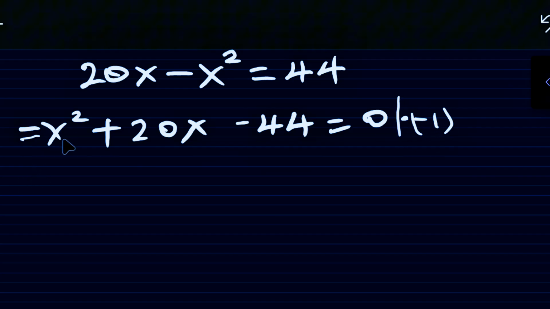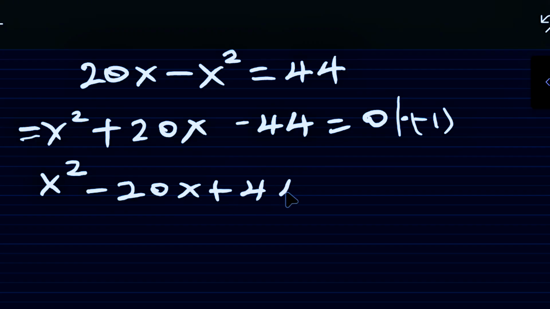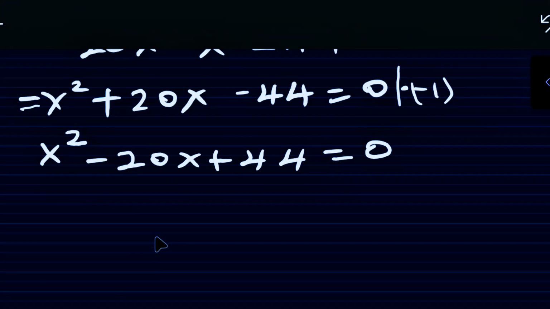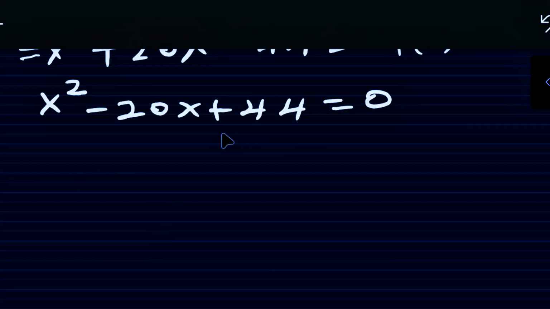So minus x squared multiplied by minus 1 will give us positive x squared, plus 20x multiplied by minus 1 will give us negative 20x, minus 44 multiplied by minus 1 will give us positive 44, and this will be equal to 0. So from here you can see that we have a quadratic equation, and we will be solving this quadratic equation using the quadratic formula.